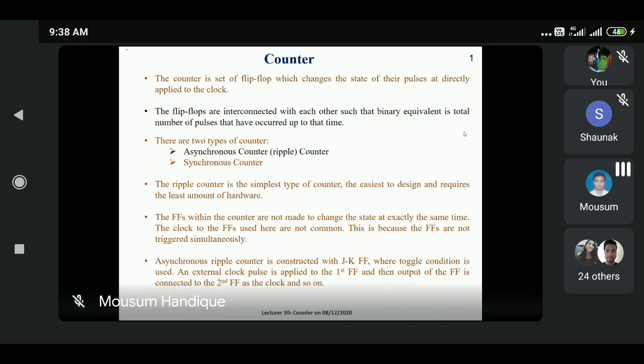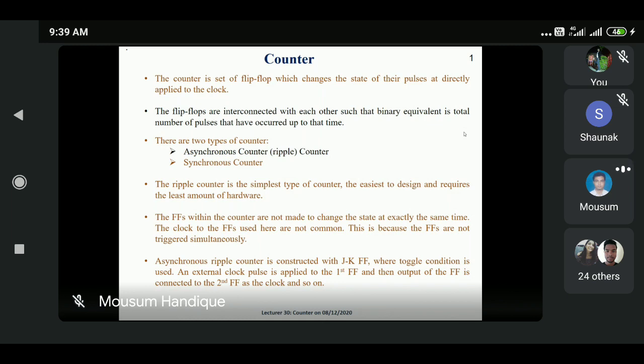Now you know how from the state table we can construct the state diagram or state equation. Another topic is called the sequential counter, which is one type of sequential circuit.